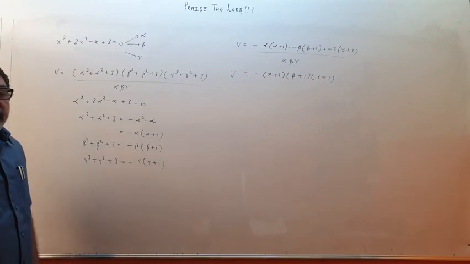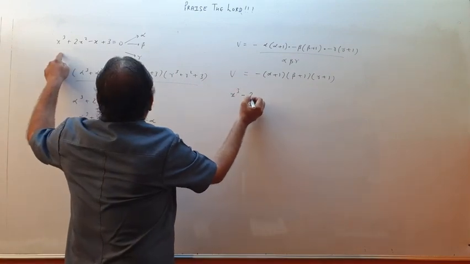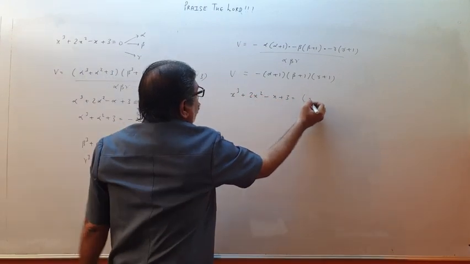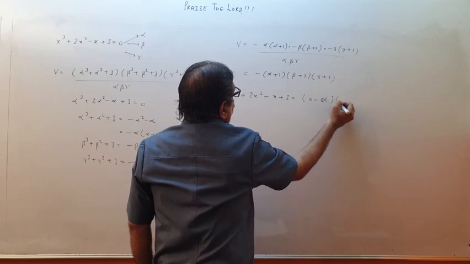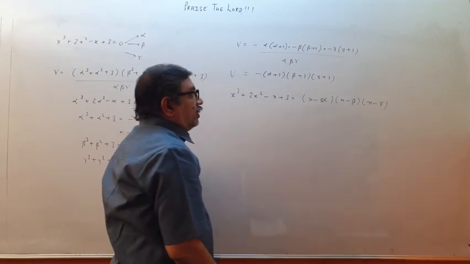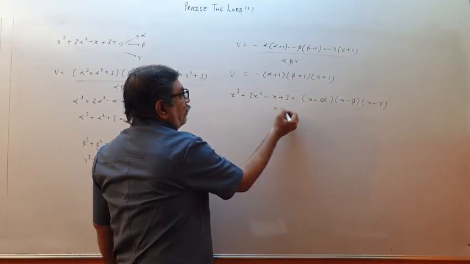Again children, the same number is added to alpha, beta, gamma. So what we do is, suppose x cube plus 2x square minus x plus 3 is (x minus alpha)(x minus beta)(x minus gamma). To get alpha plus 1, beta plus 1, gamma plus 1, I should take x equal to minus 1.